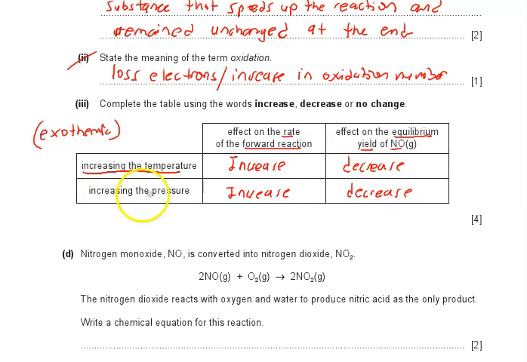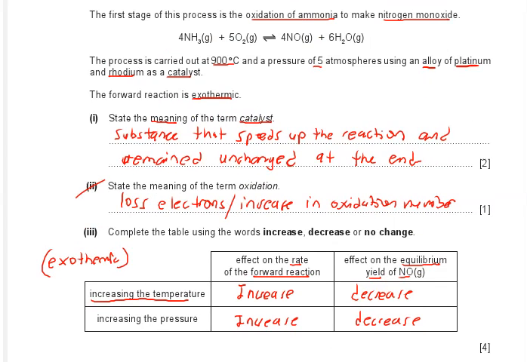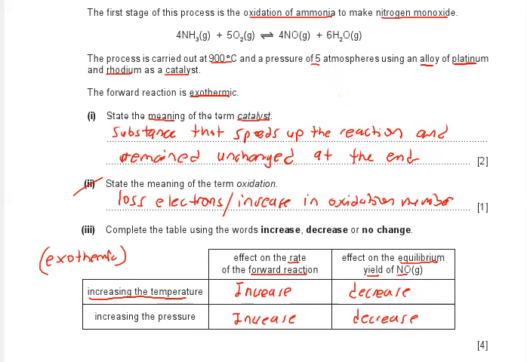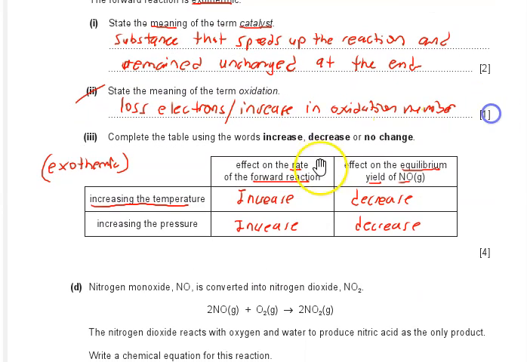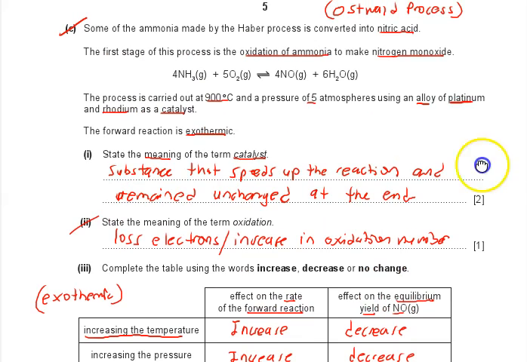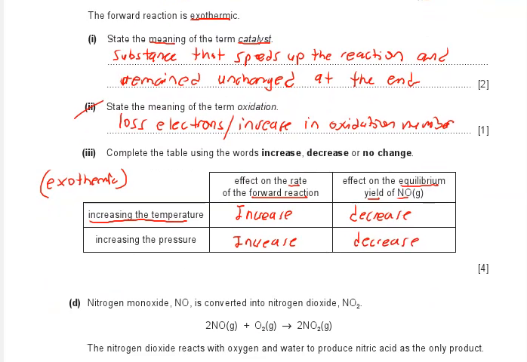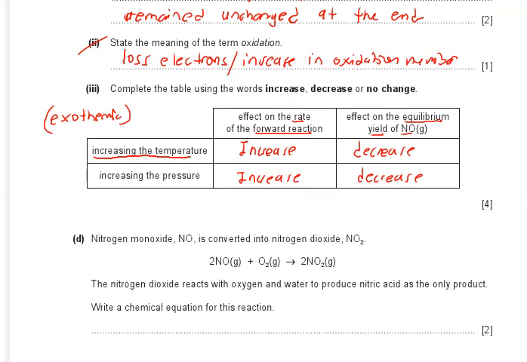Because if you notice, the pressure that they use for this experiment here is only 5 atmospheres. So if we increase the pressure, the rate of the forward reaction will increase, it means they are pushing toward the product, but the product yield will be reduced.